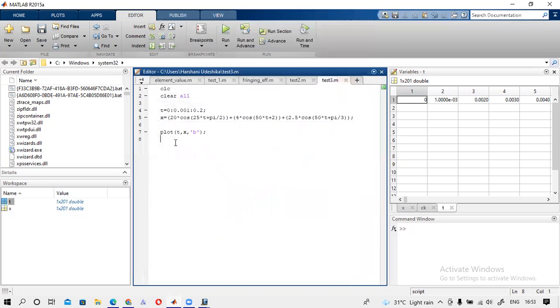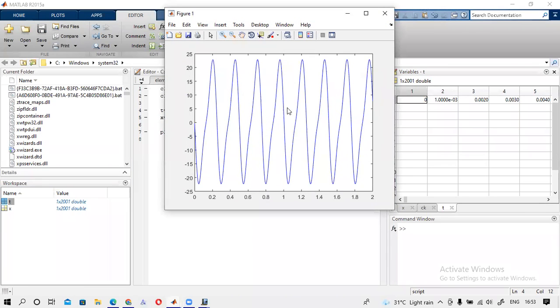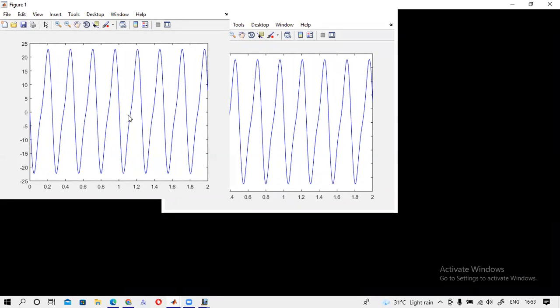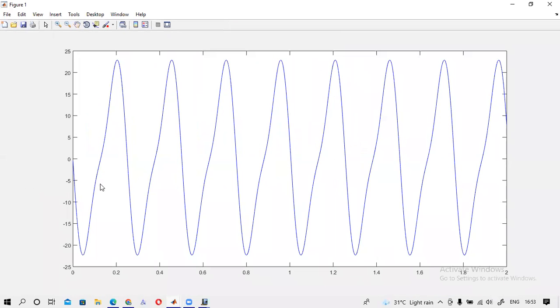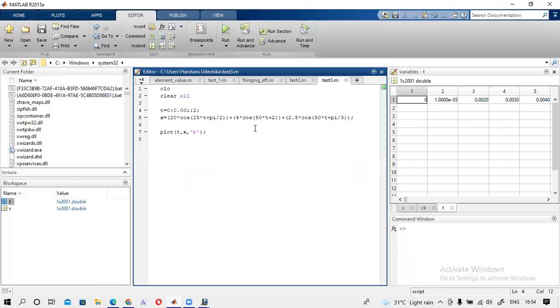Let me take T up to 2. Can you observe this? This is not a sinusoidal signal, no? This part is somewhat distorted. Let's take another frequency also. I think we can see the effect very clearly.